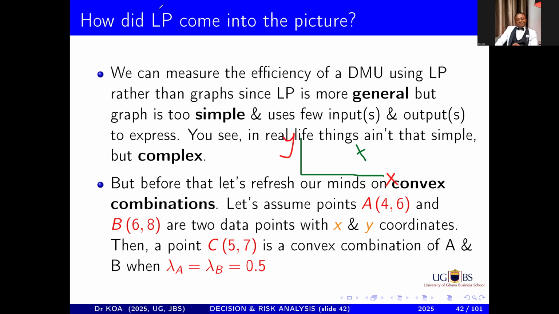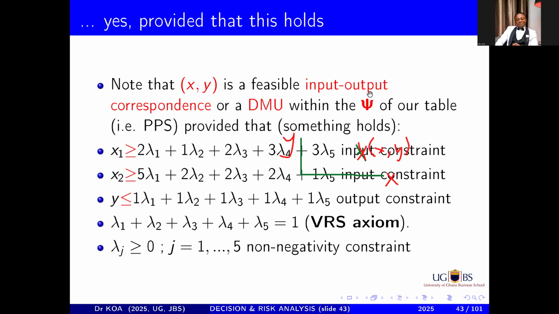It has X coordinates, and it has Y coordinates. And this value is actually a point inside the production possibility set. That's a point inside the production possibility set. The entire set here is psi, of our table that we identify.